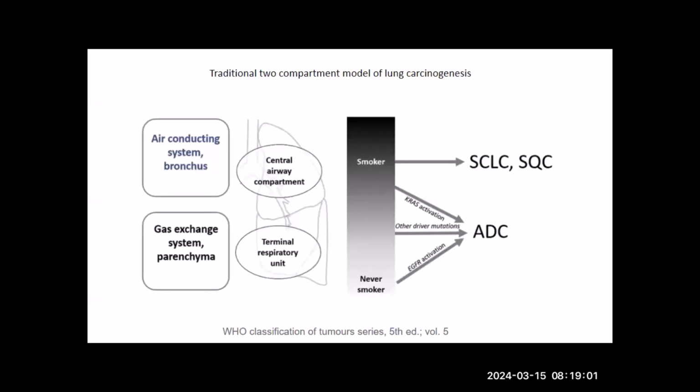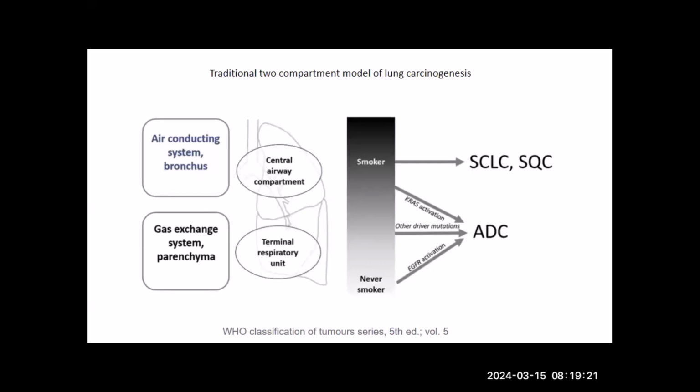And the traditional model of lung cancer pathogenesis is also based on the same principles. The tumors arising from the central compartment are usually seen in smokers, and those carcinogens act on the bronchial mucosa leading to cell proliferation.